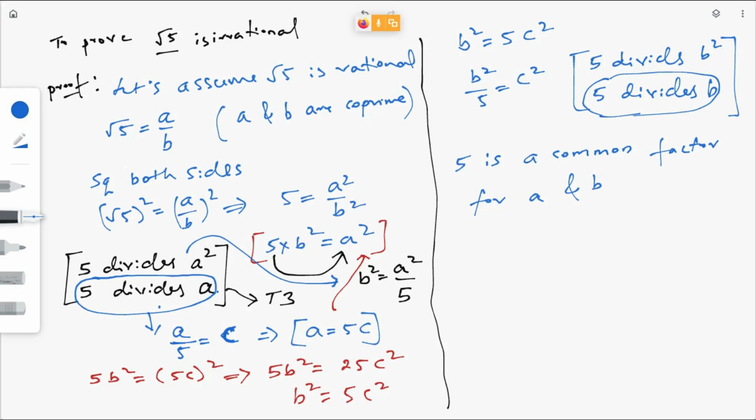Fine. So now 5 is a common factor of a and b. Therefore, a and b are not co-prime.